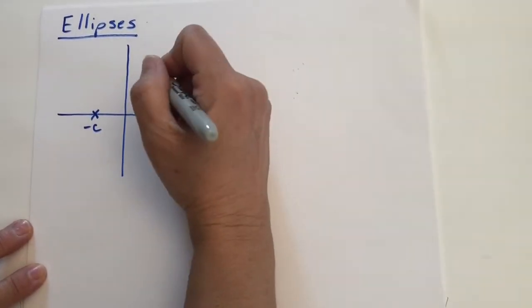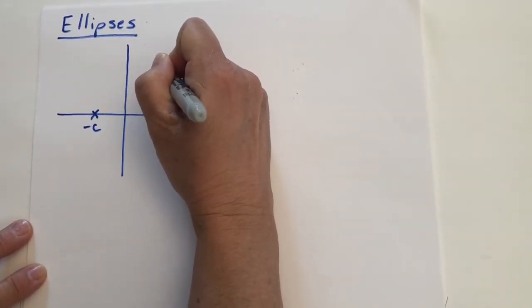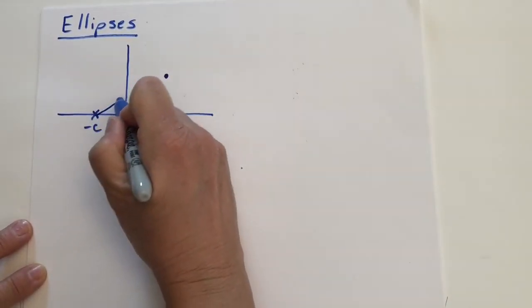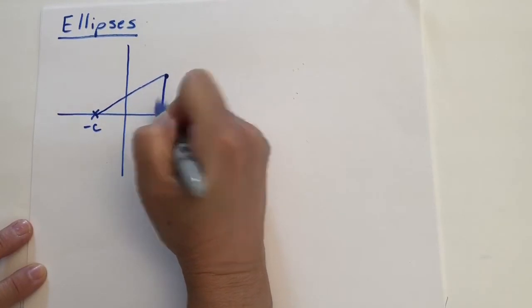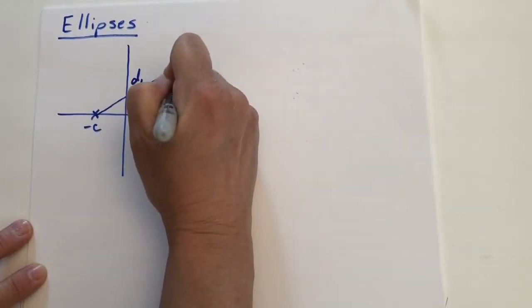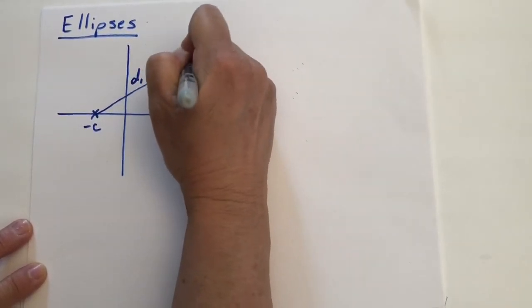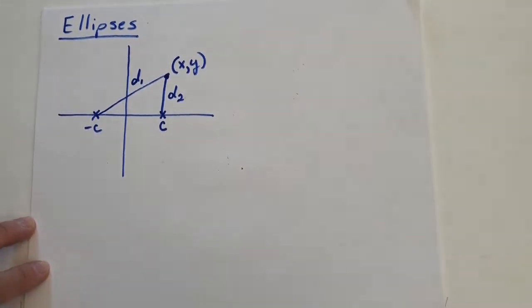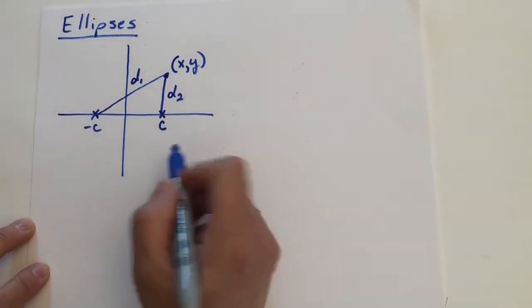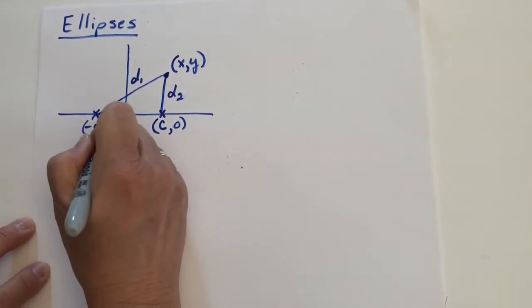Now we know that the equation of the ellipse will be the equation generated by the sum of these distances being a constant. I'm going to call this distance 1 and this distance 2. And this point right here will just be some generic point x, y. And of course, since this is at c on the x-axis, we'll call it (c, 0). And this point over here, (negative c, 0).